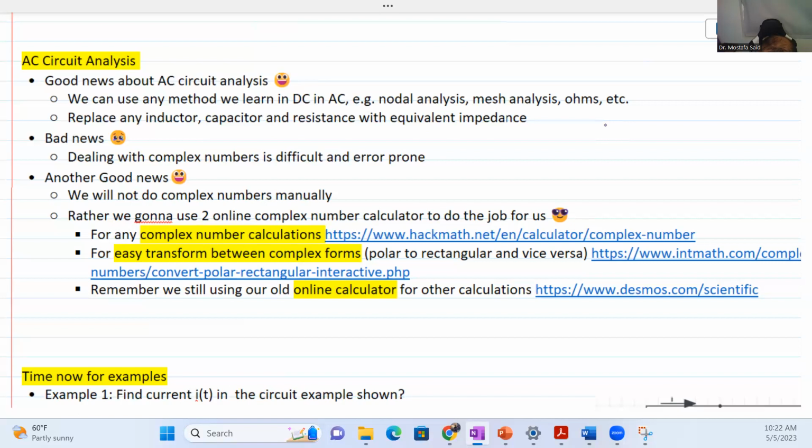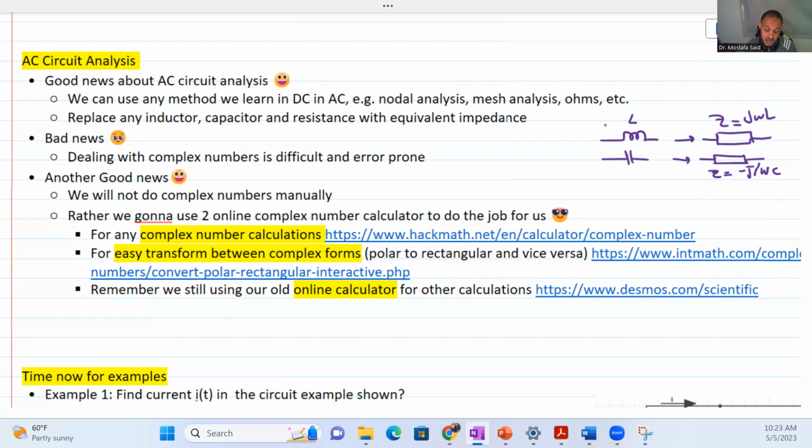For example, if you see an inductor with L, forget it was an inductor, and call it Z, which is the impedance of that inductor, j omega L. If you see a capacitor, replace it with a Z as well, a box, Z equal to minus j over omega C. Just give peace to your mind, and don't distract yourself. Just a box, I'm going to call it Z. This is the good news.